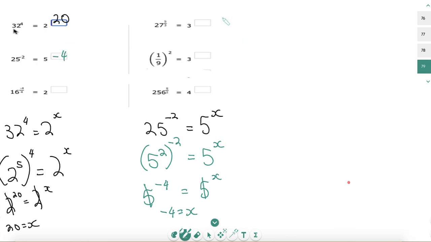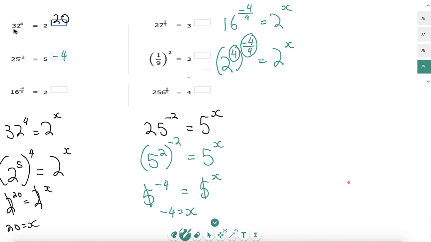Next one, oh damn, it's getting tricky. 16 to the power of negative 4 over 4 equals 2 to the power of something. Let's find a common base. Well, 2 to the power of 4 is 16 and 2 to the power of 1 is 2. So our common base will be 2. 16 is basically 2 to the power of 4. That's being powered by negative 4 over 4, equal to 2 to the power of x.